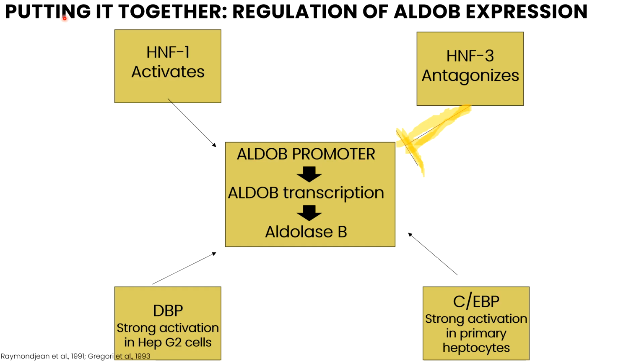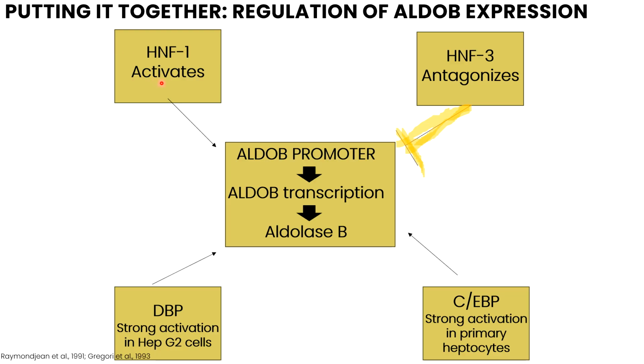Now let's look at the diagram as a whole. This is the major concept I want you to take away from this section and this lesson. ALDO-B expression is the result of a coordinated transcriptional regulation rather than a single molecular switch.